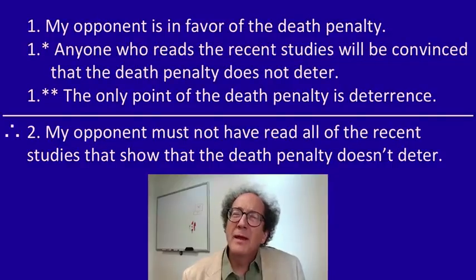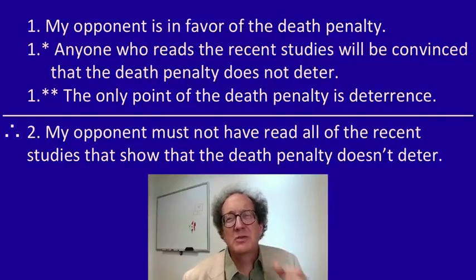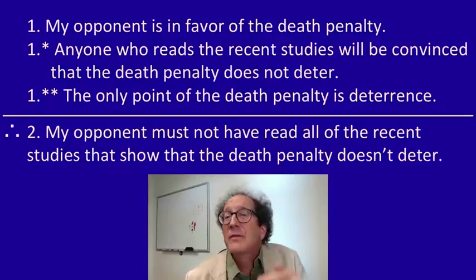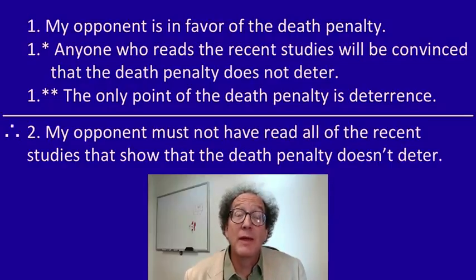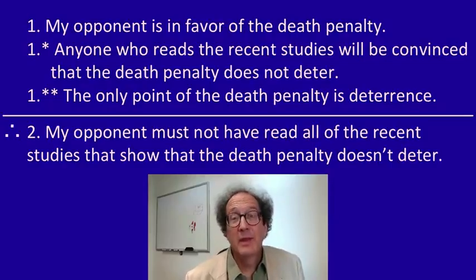But the point is that politicians talking about extremely important issues can take things for granted that if they were brought into the light of day would be very questionable, and that's why they hide them. So when you're listening to people give arguments on important issues in your life, then you ought to be looking for these suppressed premises and asking yourself whether or not you really ought to be agreeing with them about that assumption.